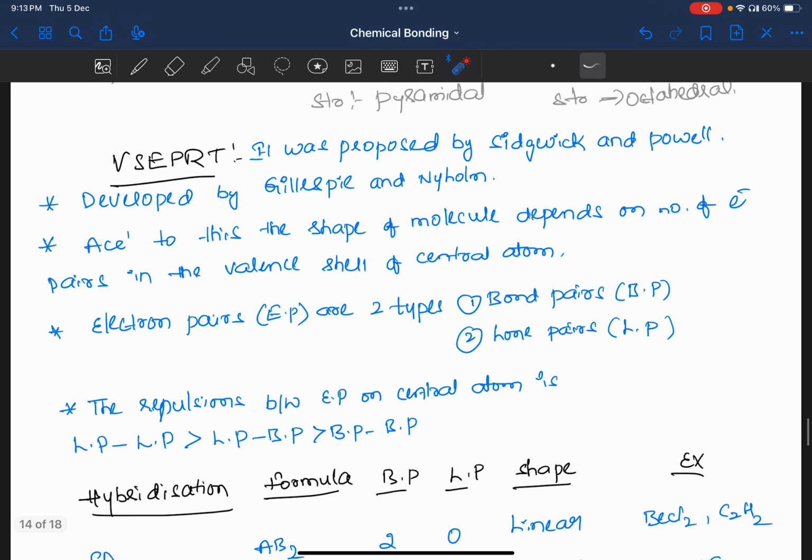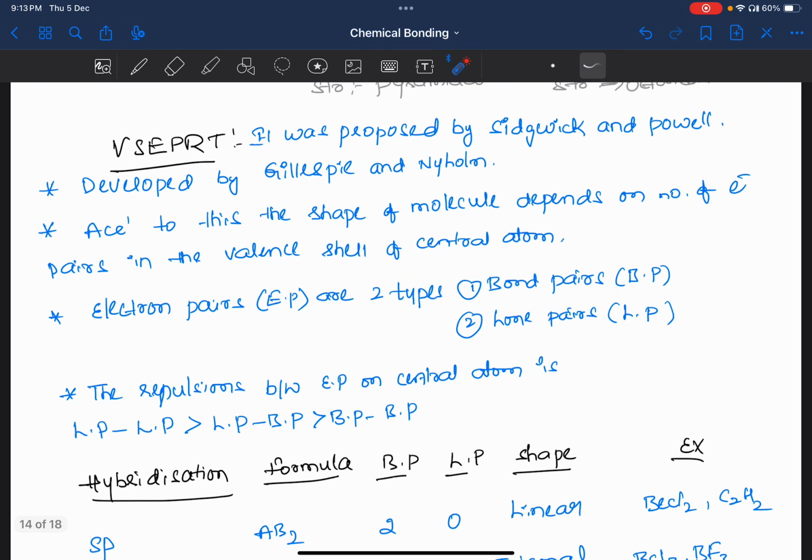According to this, repulsions occur between these electron pairs. Those repulsions are greater between two lone pairs, then between a lone pair and a bond pair, then between two bond pairs. Due to these repulsions, the structures of molecules are changed.